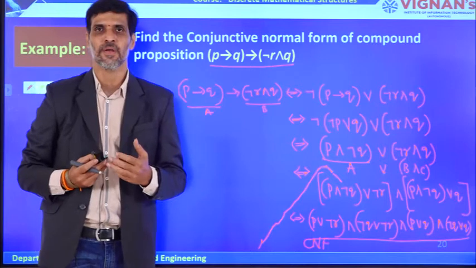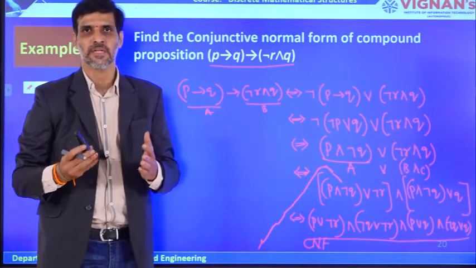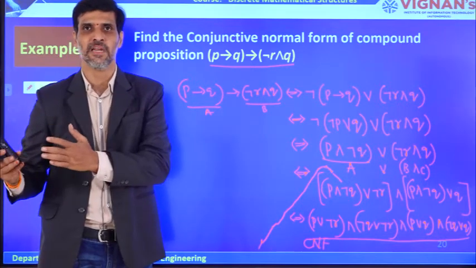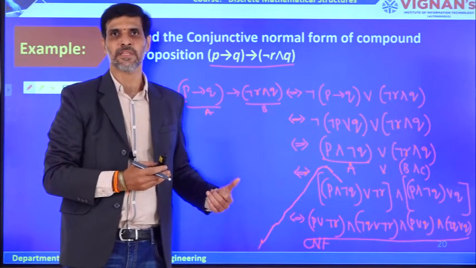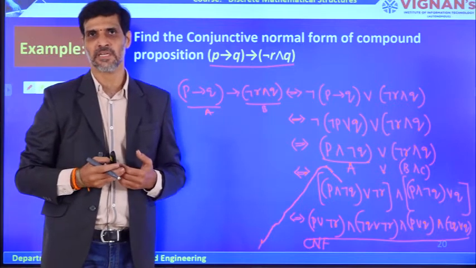I hope it is clear how to convert the given compound proposition into the form of CNF using two different methods, the truth table method and, by using logical equivalence laws.